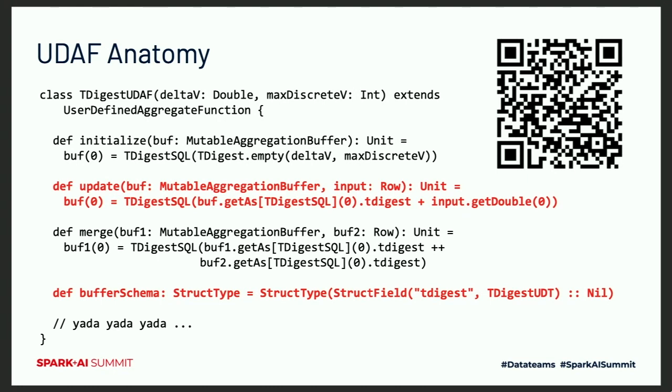You can see from the function signature that it stores the actual aggregator structure in an aggregation buffer. And that is actually just another kind of subclass of the standard data frame row that we're all familiar with. In order to tell Spark how to do that, you have to define a user-defined type for your aggregator, which you can see defined here on the bottom buffer schema method.